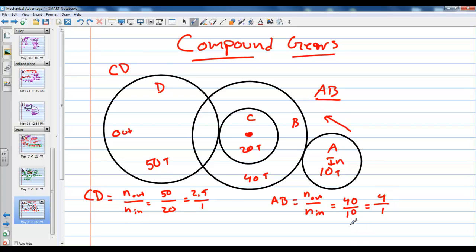Okay, so now we've got these two right here. Now this is a compound machine, so what are we going to do? We're going to multiply them together. So we take 2.5 over 1 times 4 over 1, and that gives us 10 over 1.